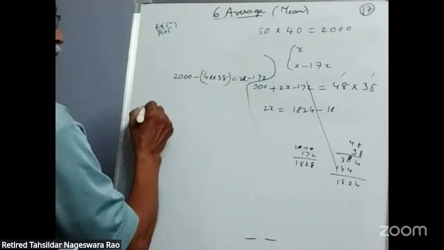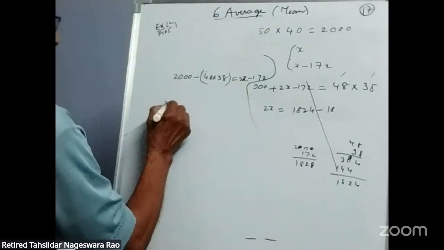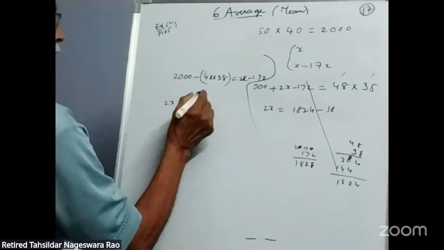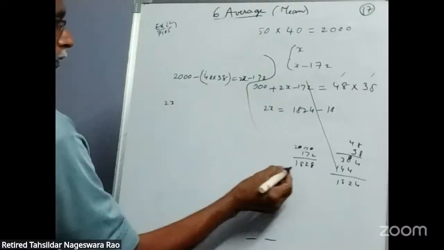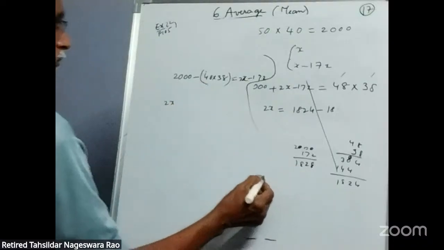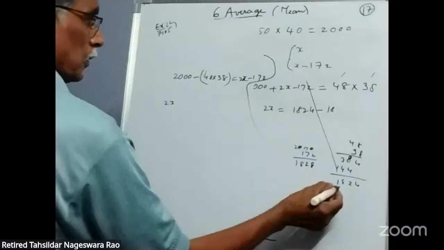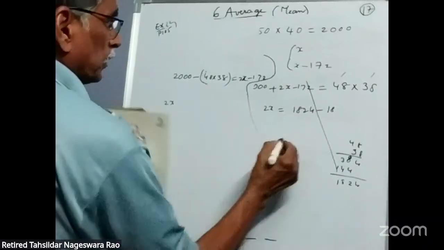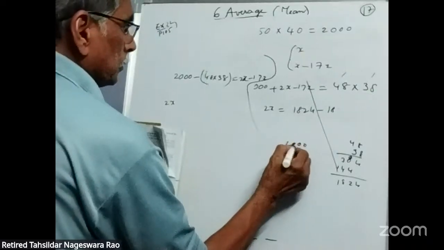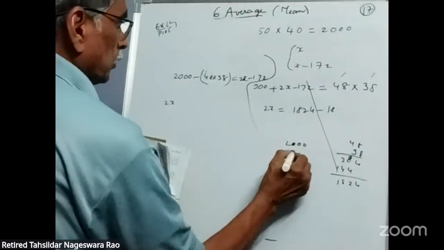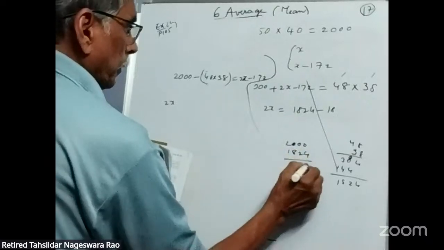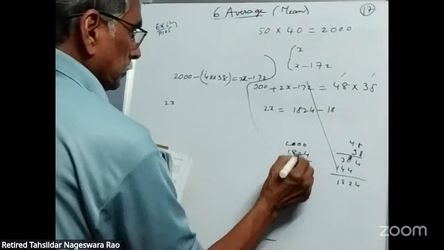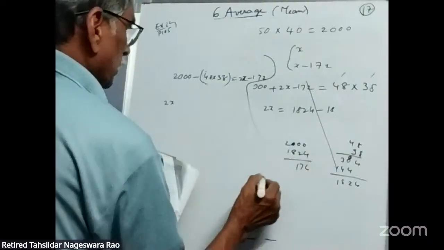So 2x, take it to the left side, 2x. This will be, as we said, 1828. 2000 minus 1824 is 176.